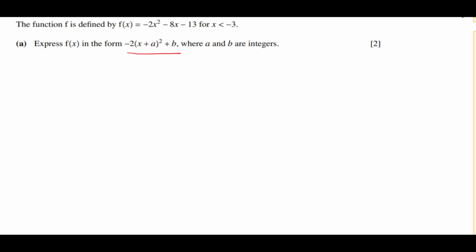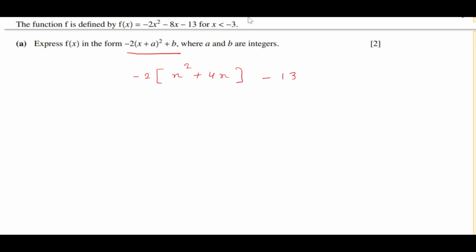First you can see that minus 2 is outside, and plus b is also there. So I will take minus 2 common from this x square and minus 8x only. So I will get x square plus 4x, isn't it? And then I will keep that minus 13 as it is. Then I'm making it a perfect square.